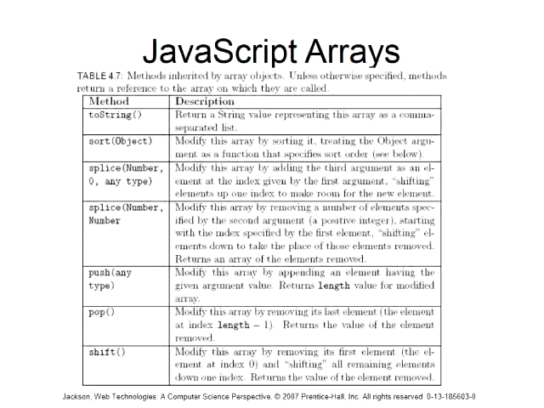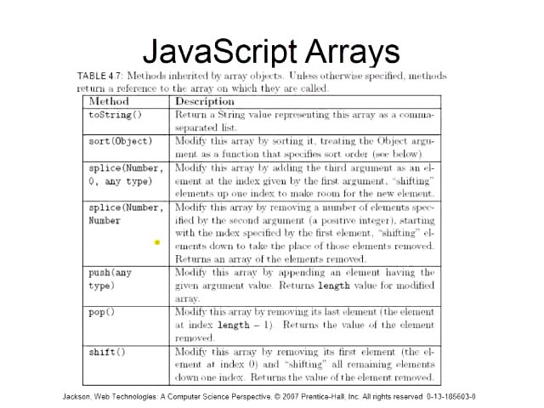So there are many methods to be used to manipulate arrays, like toString that returns a string value representing this array, and sort that modifies this array by sorting it. We can use splice to modify the array by adding elements at an index, or by removing a number of elements.